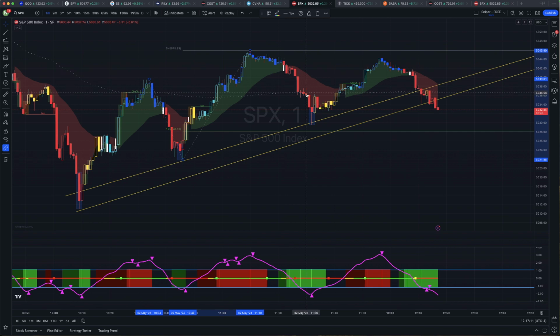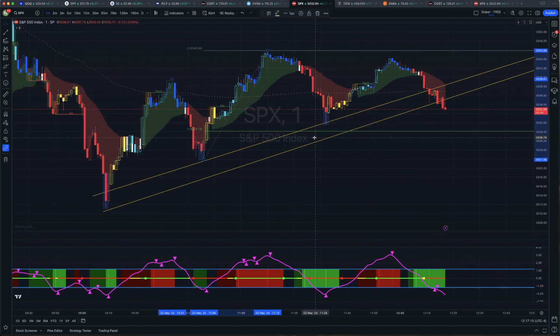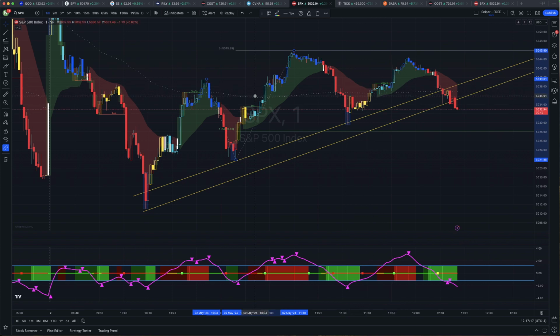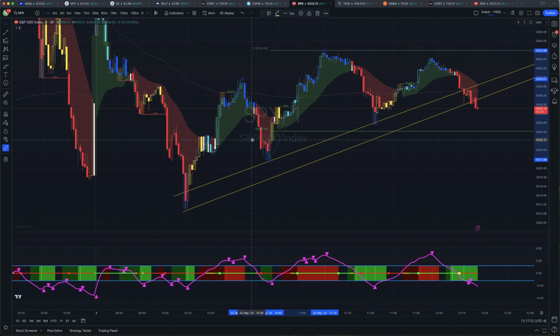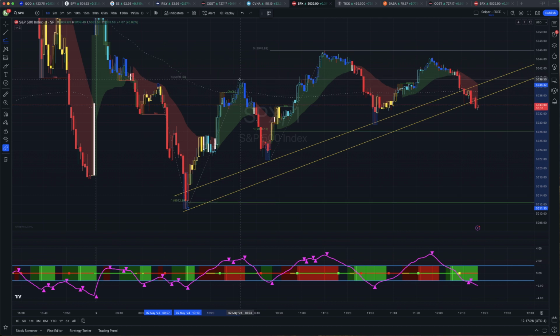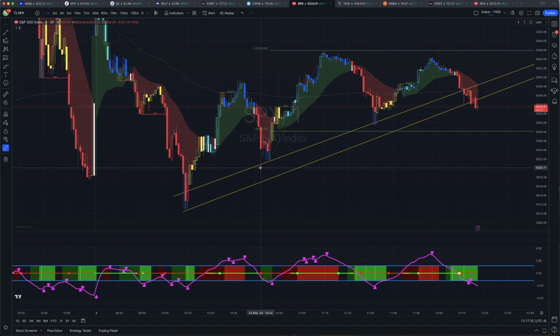So this drop came in and it didn't quite make it all the way to that fib. It kind of reversed. Let's see if I can find another one. So this drop here, oh, that's going to be too low. A lot of times the SPY will work either to a trend line or to a fib level.